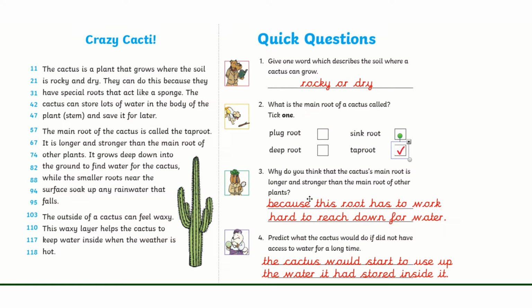And that root is longer and stronger because this root has to work real hard to reach right down for that water. Number 4. Predict what the cactus would do if it did not have access to water for a long time. It said here that the cactus can store lots of water in the body of the plant and save it for later. So if the cactus did not have access to any water for a long time, the cactus would start to use up the water it had stored inside it.